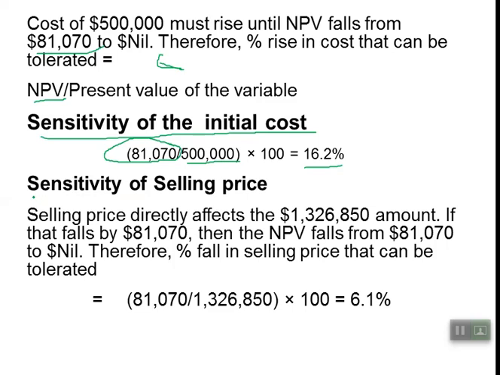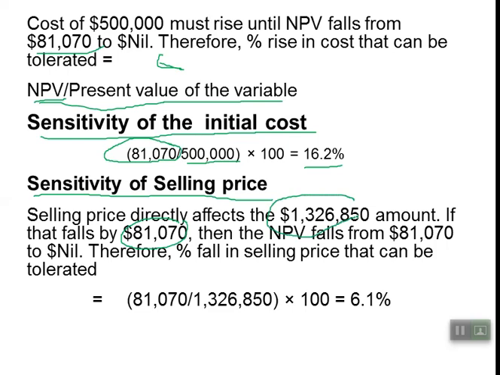Then we come to the sensitivity of the selling price. Remember, the formula is the same. This is our general formula for sensitivity: the net present value divided by the present value of the variable. So the sensitivity of the selling price will be equal to the net present value, which you have already got, then divided by, this is our net present value, and this is our selling price.